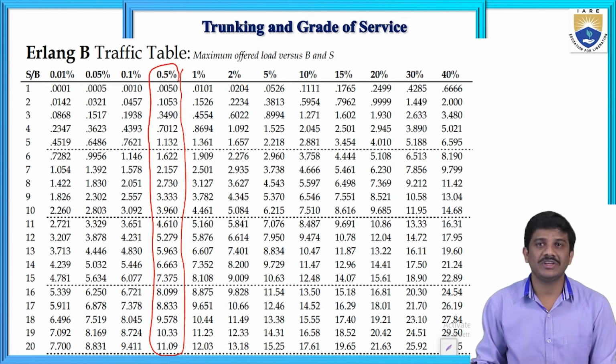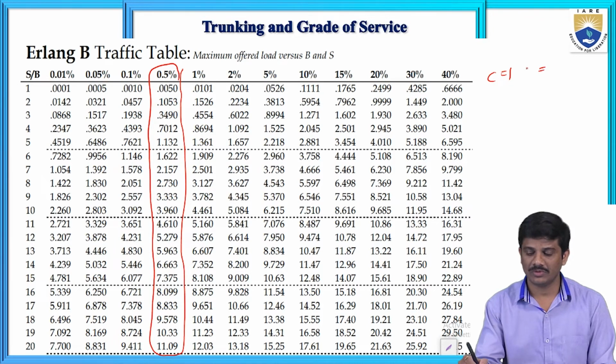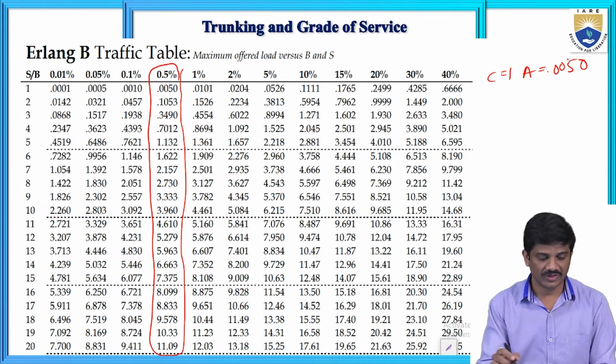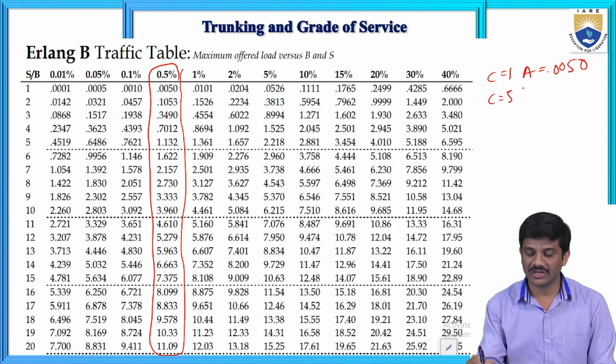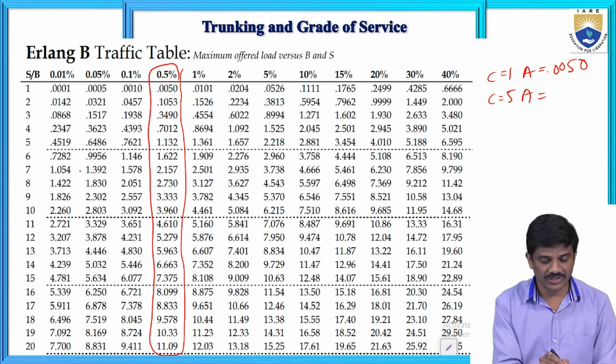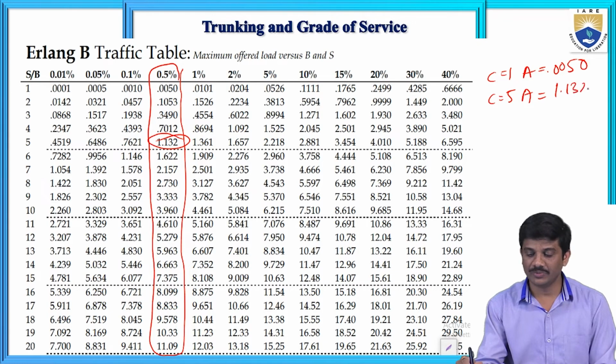The first one is C equal to 1. What is the A value? 0.0050. Then in the given question, for C equal to 5, A equal to 1.132.